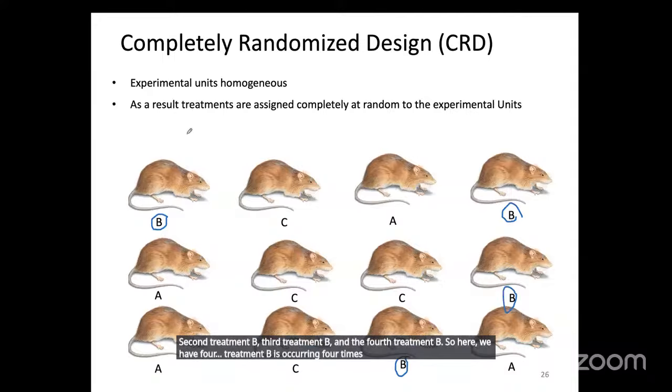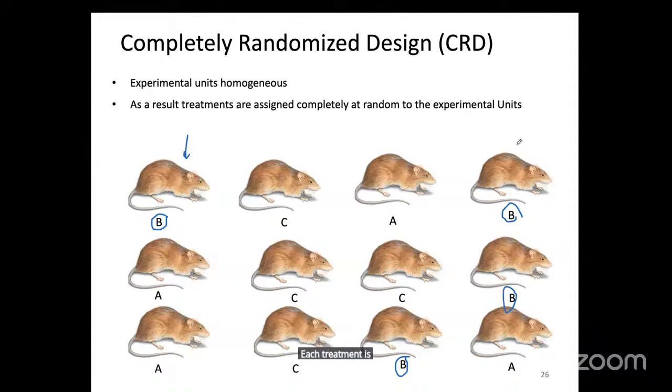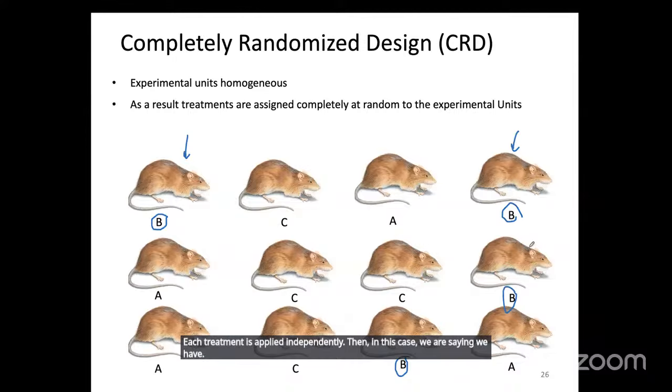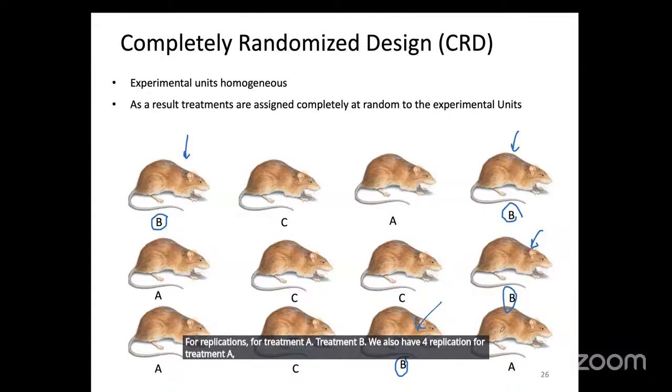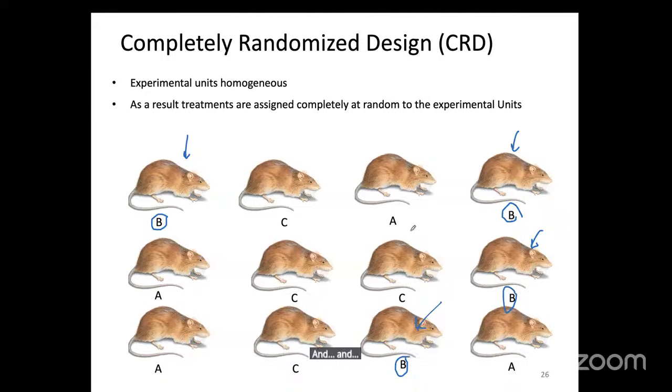If each treatment is applied independently, then we are saying we have 4 replications for treatment A, 4 replications for treatment B, and also for treatment C.